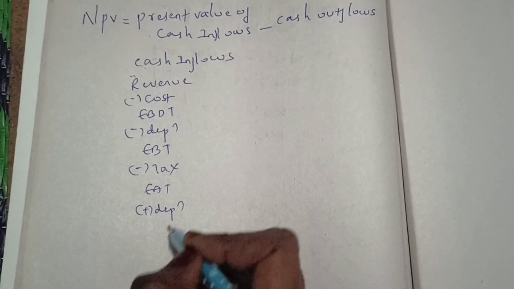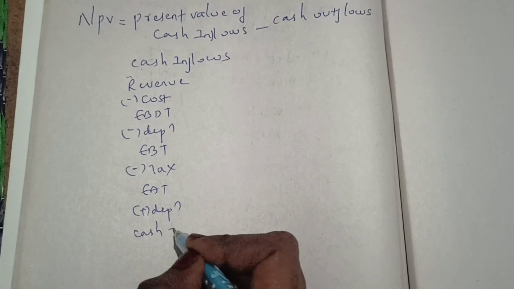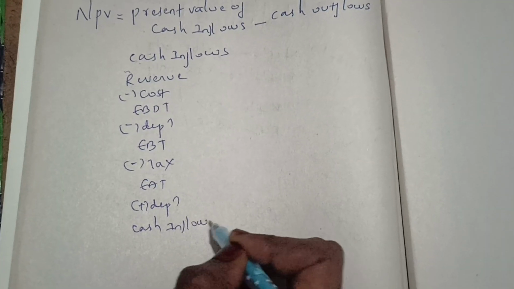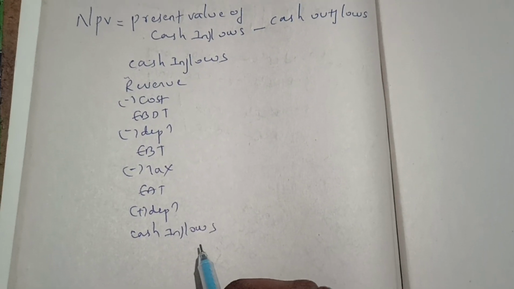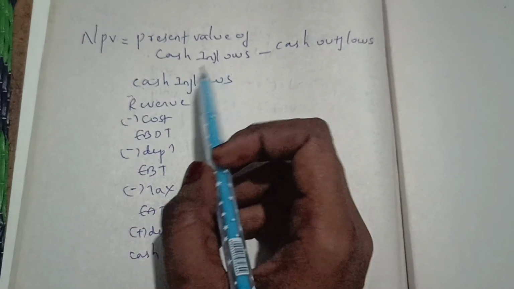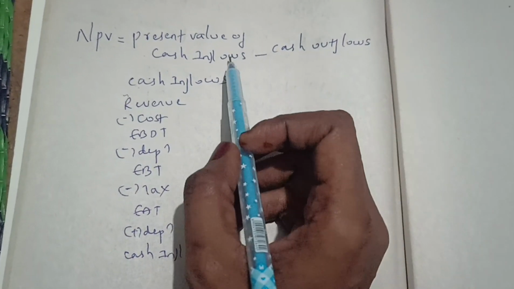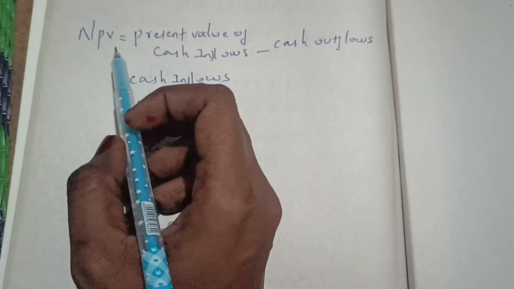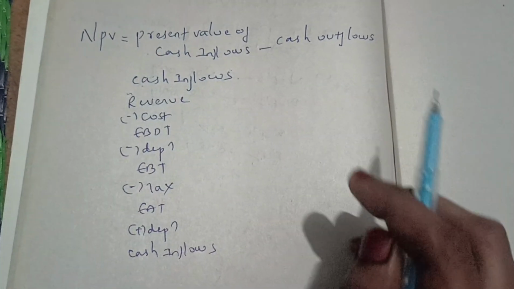Add back depreciation, and you will get cash inflows. You will find the present value of those cash inflows, and when you deduct cash outflows from the present value of cash inflows, you will get net present value.